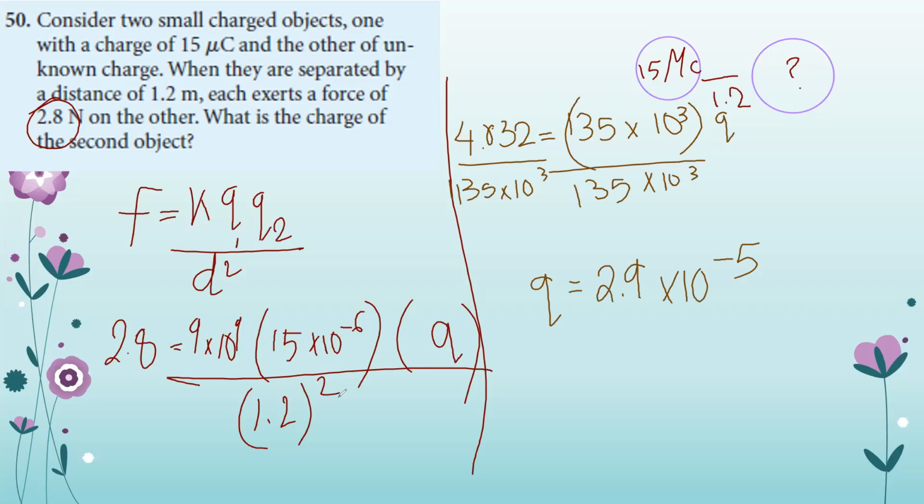I want it in microcoulomb. What do I have to do? I want it times 10 to the power -6.